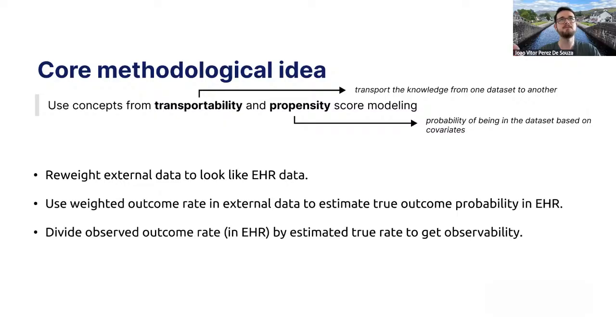And propensity score modeling is a method that you can use to detect the probability of being in a data set based on a set of covariates. This can be used in different things, like the probability of you having the disease, or being in a different group when you don't have this information.